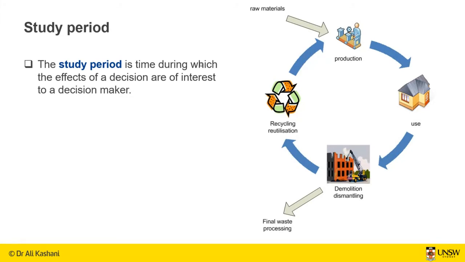But if you're going to rent that property, for example, you're building a shopping center and after finishing it you just want to rent it, then this is different and your study period can be much longer. It can take up to 50 years, 60 years. It depends on the condition of the shopping center.